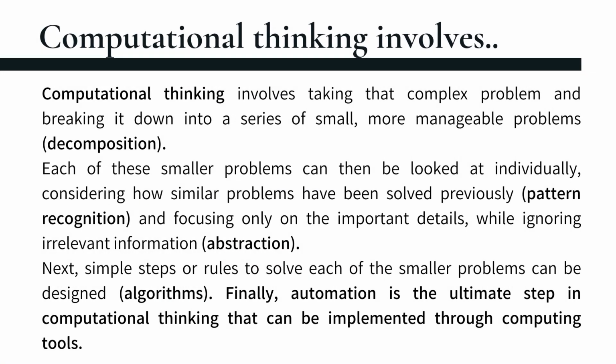All right, so computational thinking, as we mentioned in the previous slide, involves key concepts, which involve these 4 definitions or terms. Let's read this slide and understand them one by one.